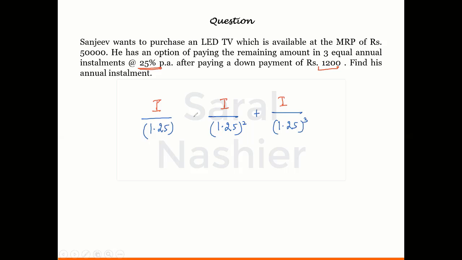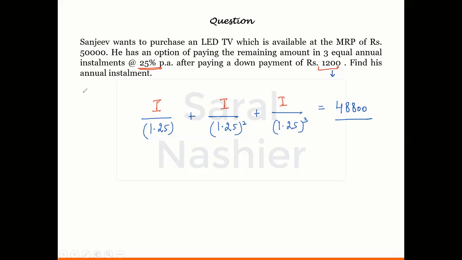And all the present values should add up to the loan today. Because he has paid 1200 rupees out of 50,000 today itself, he's yet to pay 48,800. By solving this, I'll get the installment that is to be paid by Sanjeev.